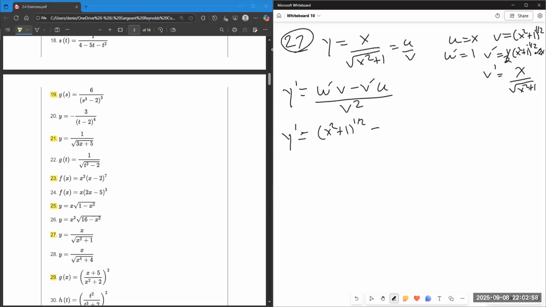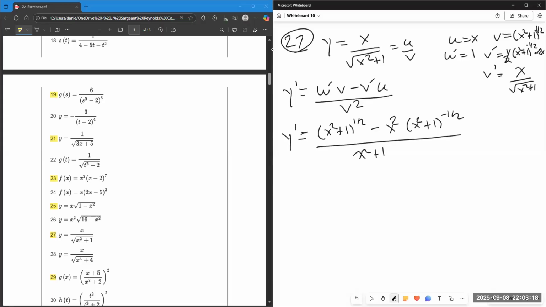minus v prime times u is x squared plus 1 to the negative 1/2 over v squared will be x squared plus 1.